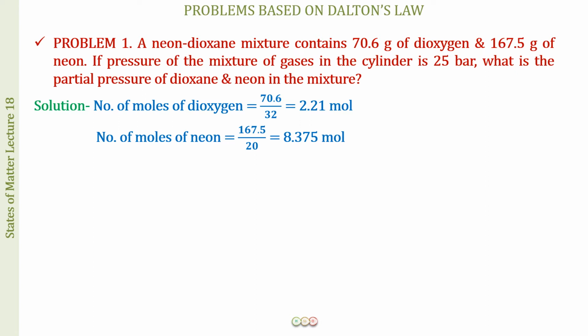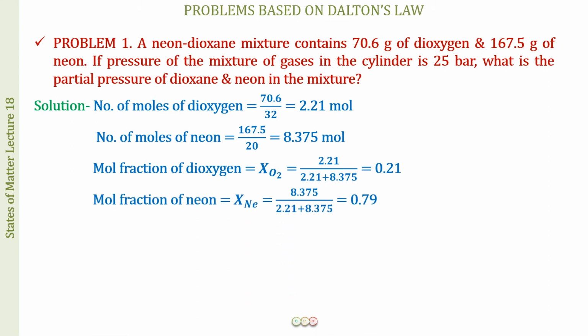Now we have to find out the mole fraction of each gas. The mole fraction of oxygen is going to be the number of moles of oxygen divided by the total number of moles of both the gases. So this is 2.21 divided by 2.21 plus 8.375. This will be 0.21.